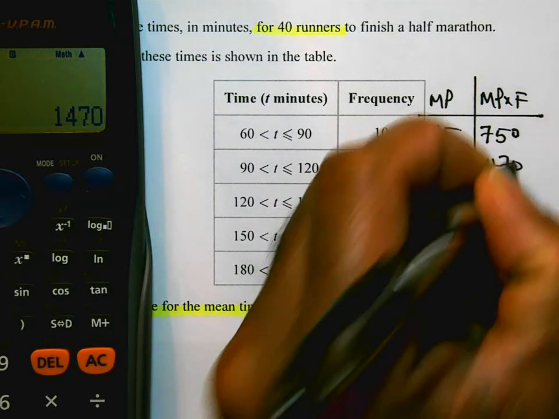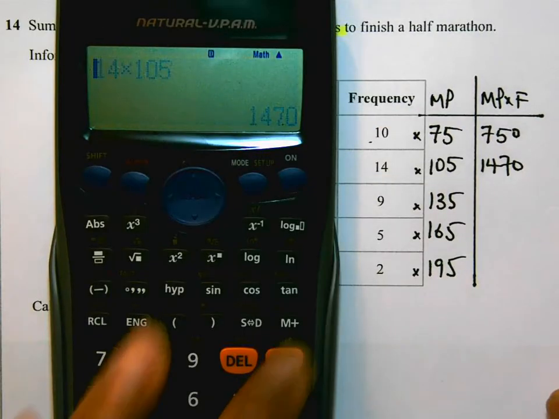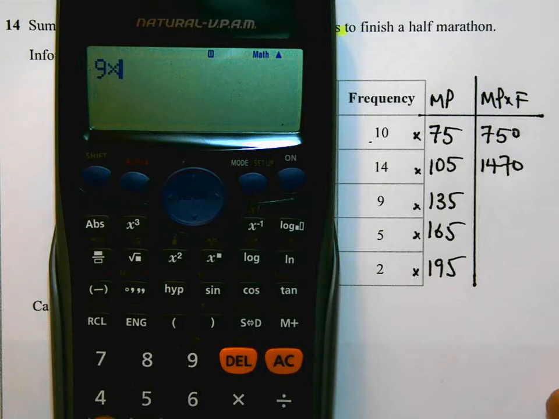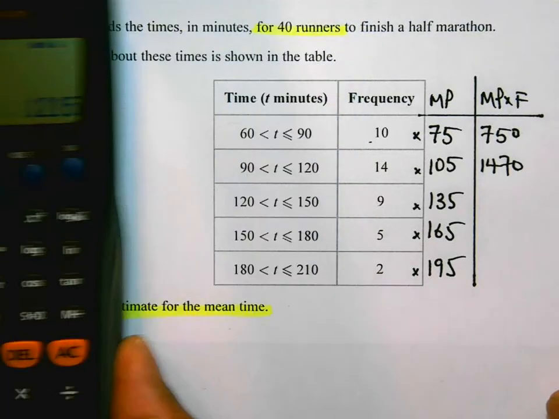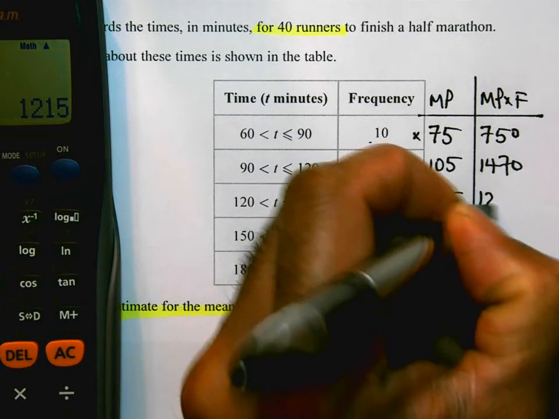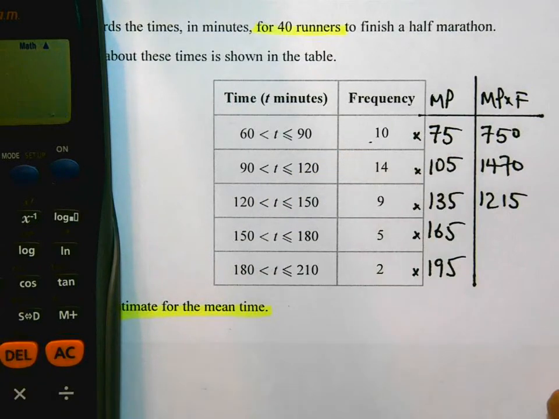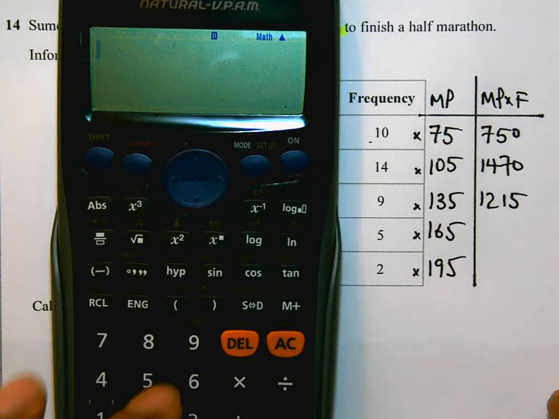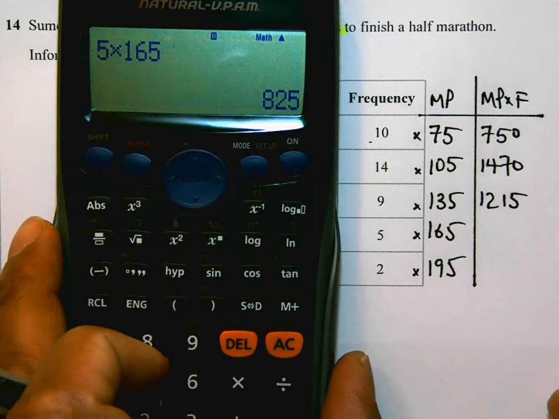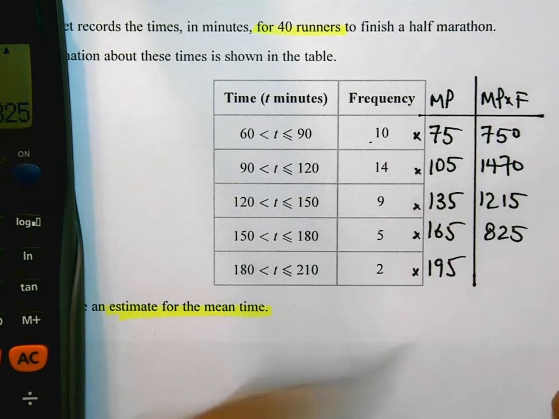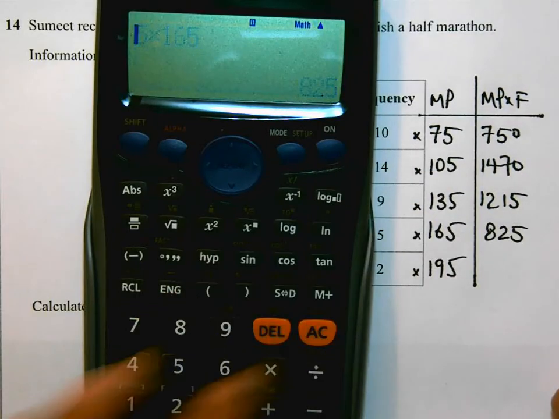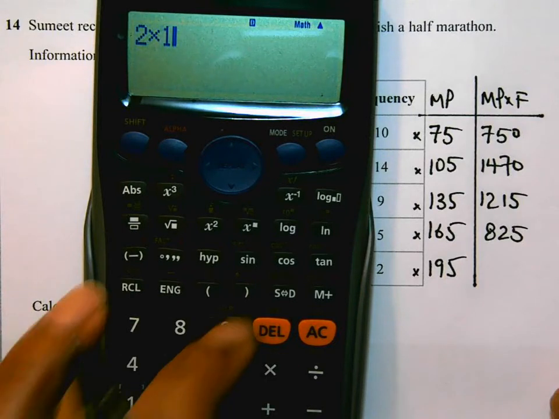For the next one, 9 times 135, that's 1215. For the next, 5 times 165, that's 825. And finally, 2 times 195, and that's 390.